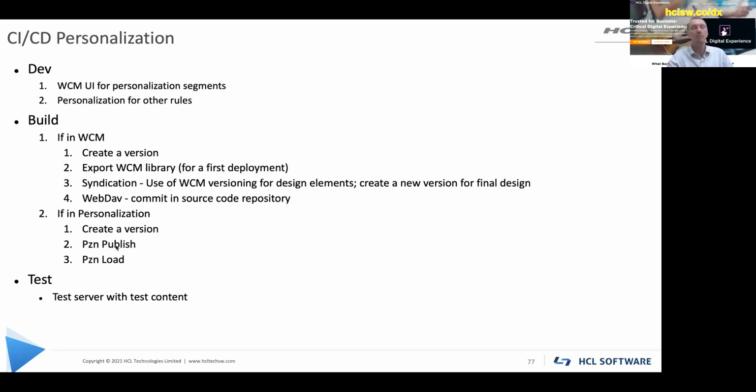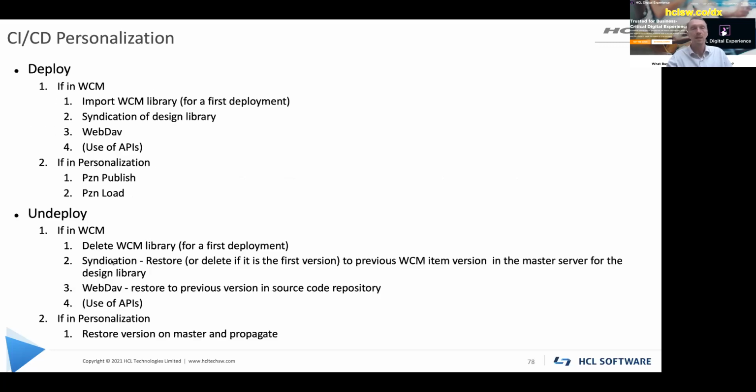You can use either publish or load to manage the resources of that. For deployment, if it's WCM, it's always the same; if it's in personalization, you can use publish or load. And for undeploy, in personalization you can do a restore on the master server, and then again propagate it with publish or load upwards to the final production server.